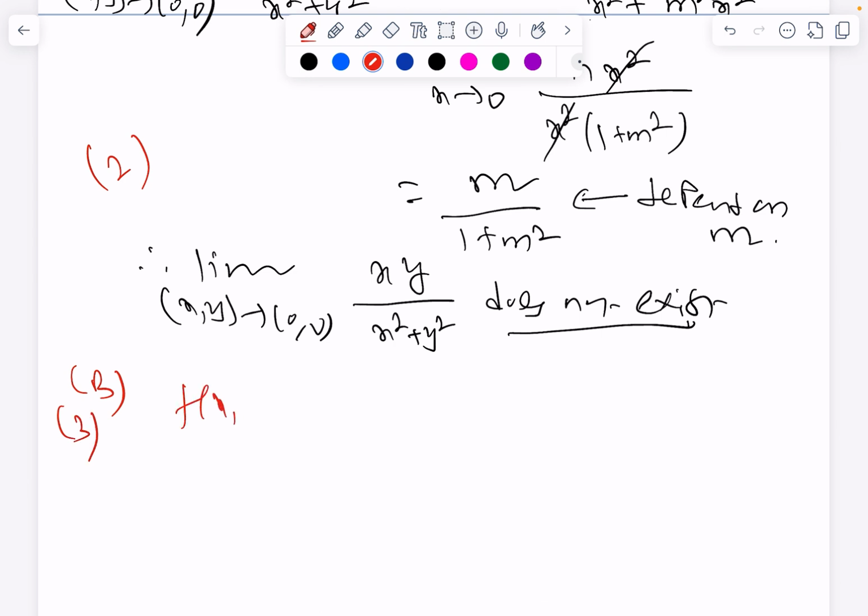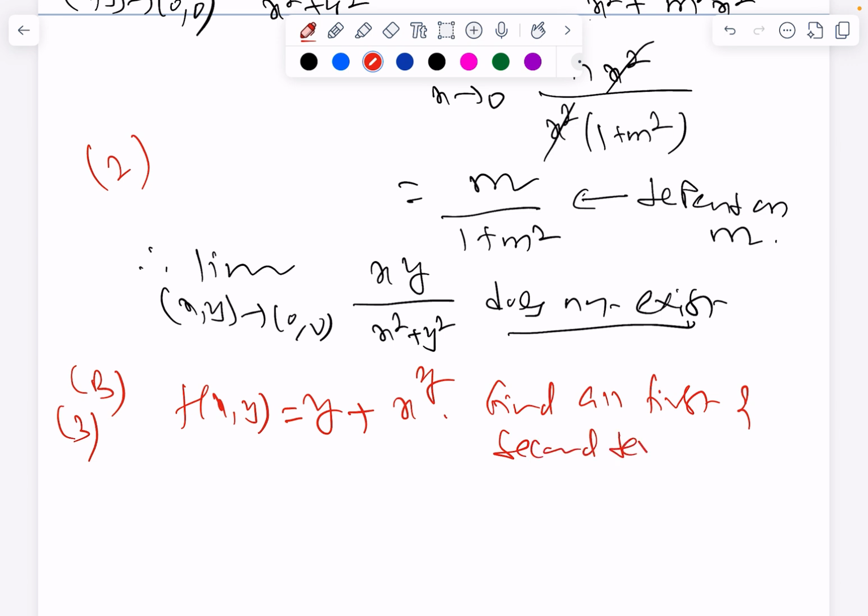f of (x, y) equal to y plus x power y. Find all first and second derivatives, and also check, means verify, the mixed derivative theorem.